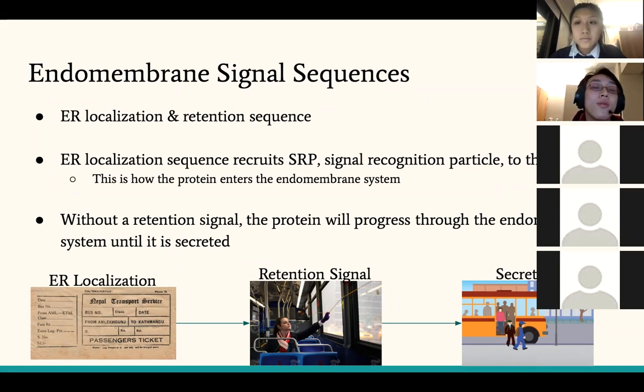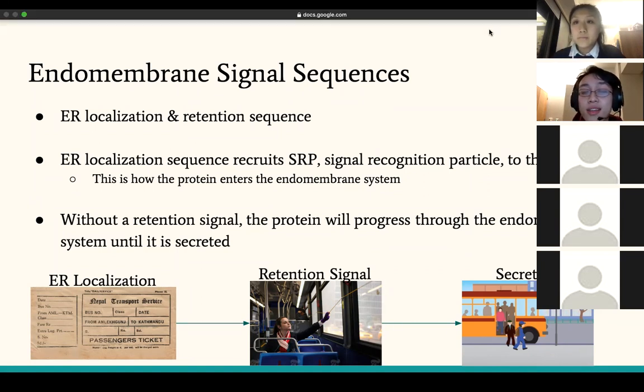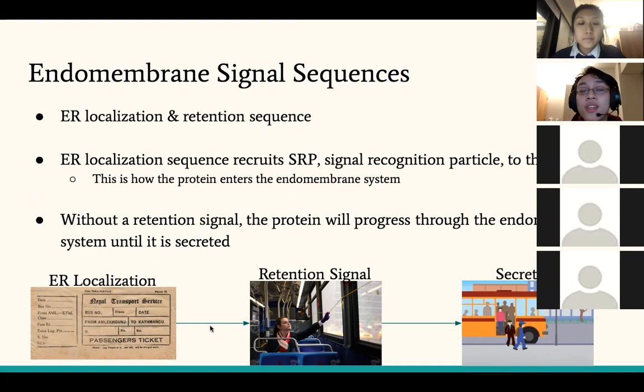Co-translationally, while translation is occurring at the ribosome, and remember the signal sequence is near the N-terminus, one of the first parts of the protein that is translated, it is immediately recognized. A protein called SRP, or the signal recognition particle, will bind the ER localization sequence, and it acts as a carrier protein, bringing the ribosome complex towards the rough ER. This is essentially the entry point.